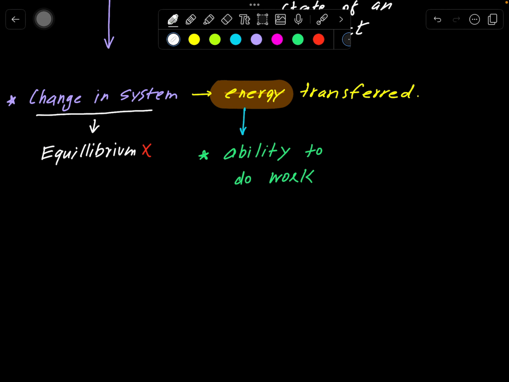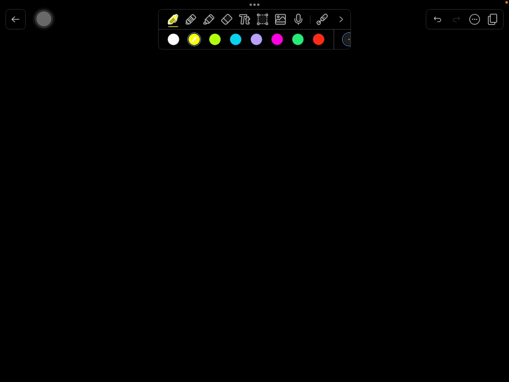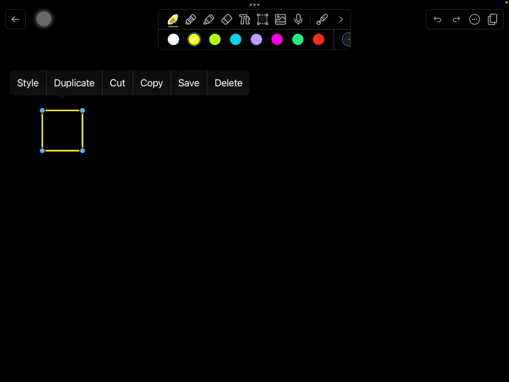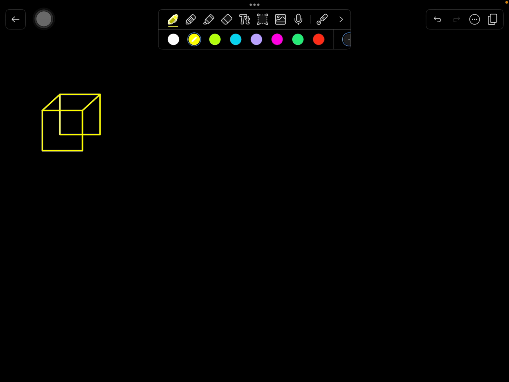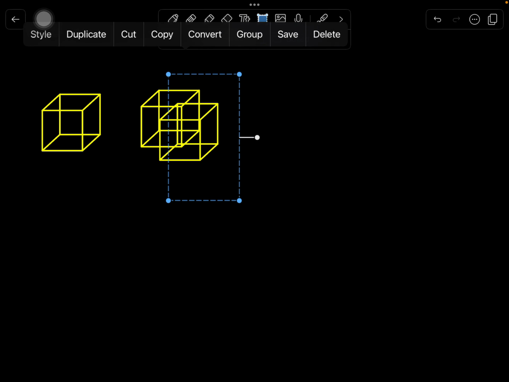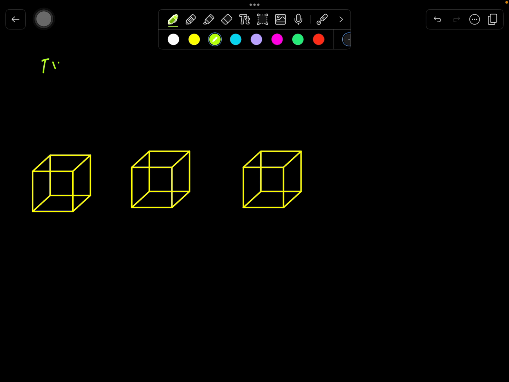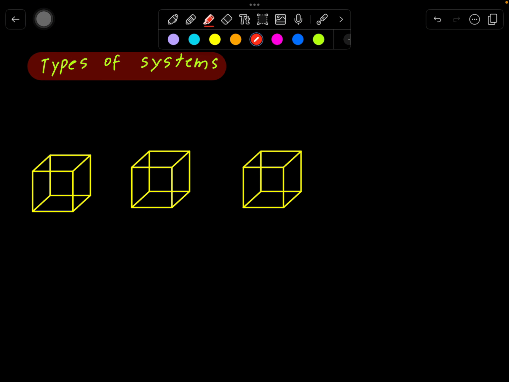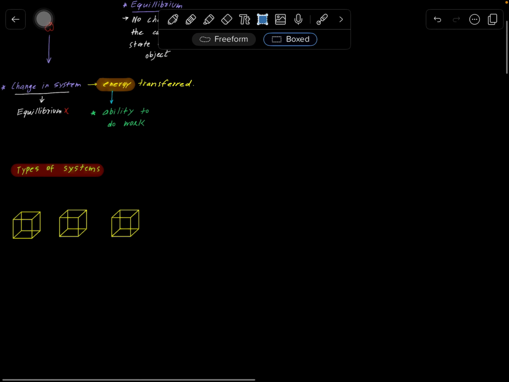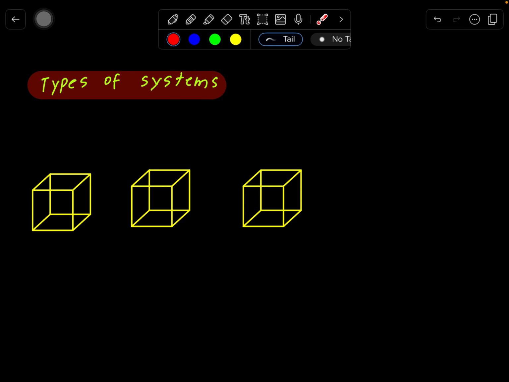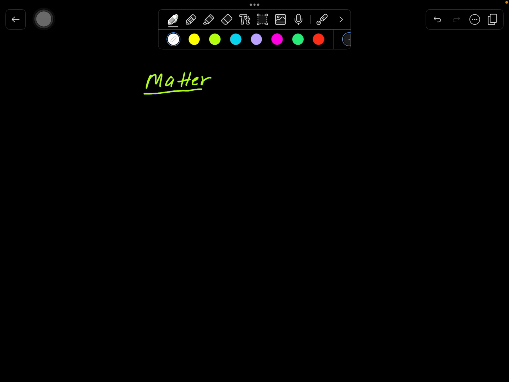Now, we have different types of systems. Before we learn about the types of systems, we need to know what is matter. Matter has two characteristics.